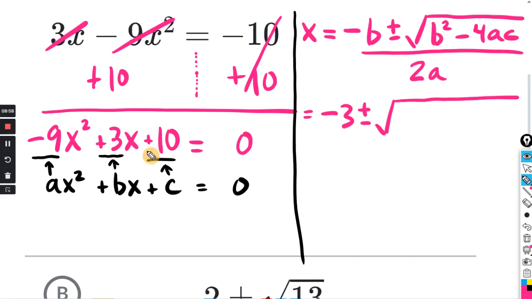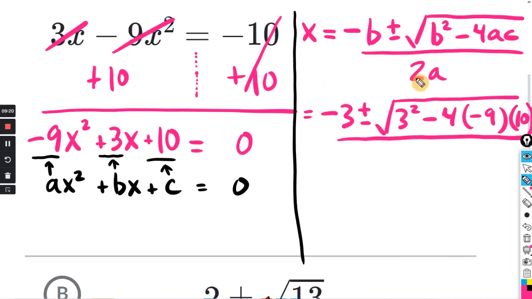B squared is going to be 3 squared minus 4 times a, which is negative 9, times c, which is positive 10. And that whole thing is divided by 2 times a, or 2 times negative 9.